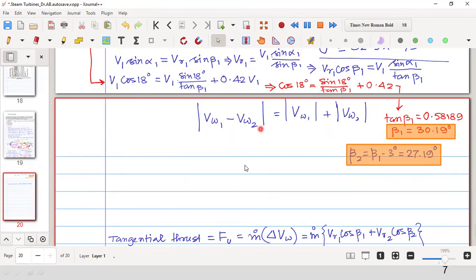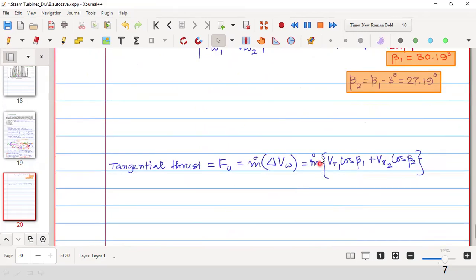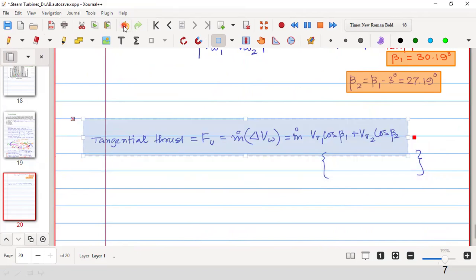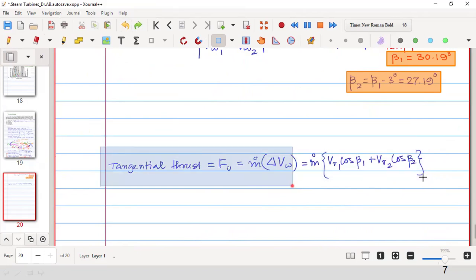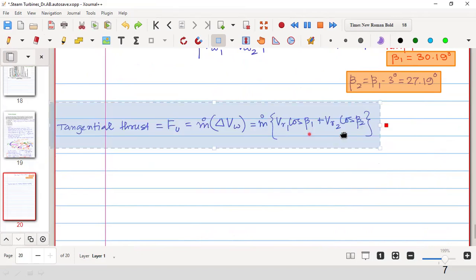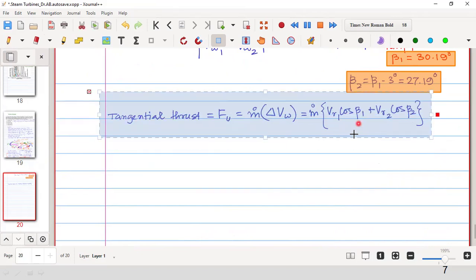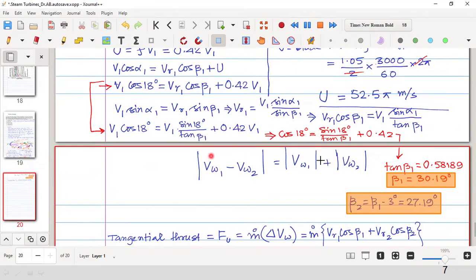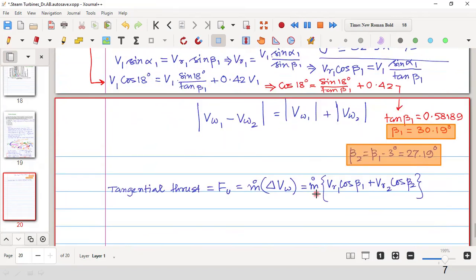Right. So here we see what are required. Now can we calculate this quantity? Please tell. We can calculate this quantity because you see that VR1 we have not yet determined. VR1 we have to determine. We know V1.